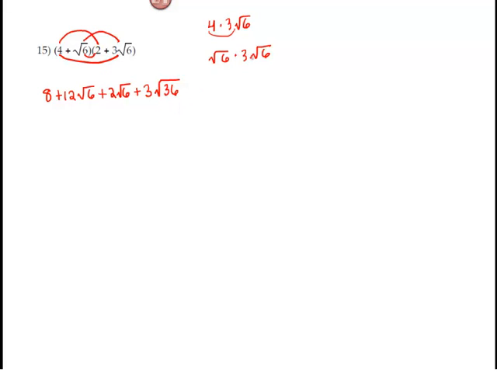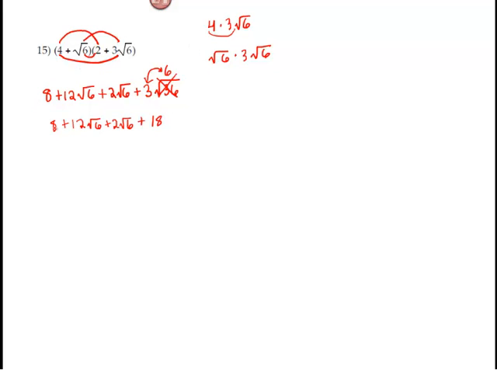Or you may have realized, because of some other problems we've done, the square root of 6 times the square root of 6 is 6. And so we actually can put 6 here instead. That means that we're doing 3 times 6, which gives us 18. So 8 plus 12 square roots of 6 plus 2 square roots of 6 plus 18.